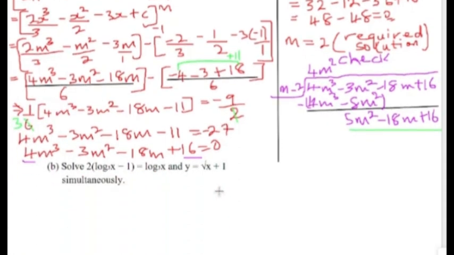Now, question 2, we are asked to solve these logarithms. First thing first, we open up that bracket. This is 2 log x minus 2 equals log x. So I'm going to collect like terms: 2 log x minus log x equals 2.